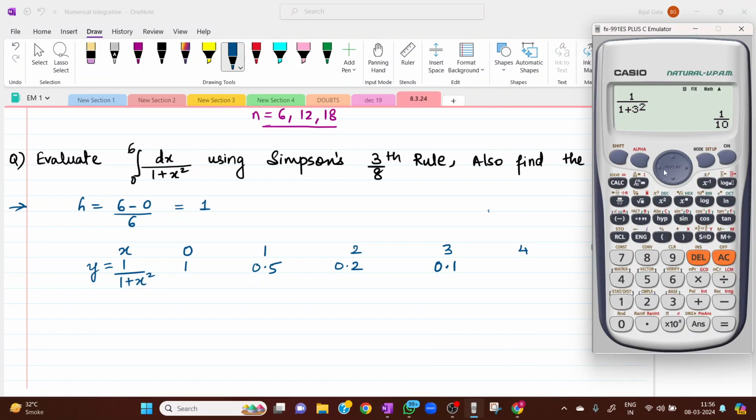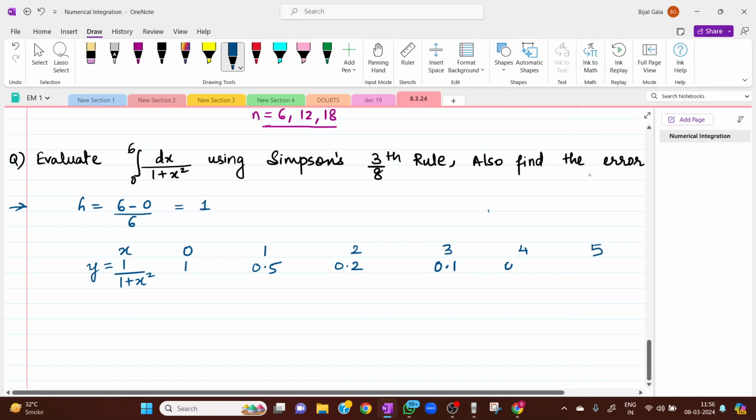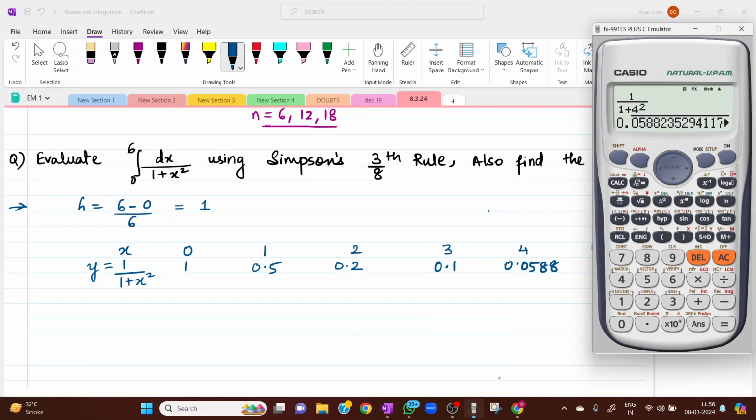The next is replace 3 by 4. So that's going to be 1 upon 17, which is, okay, we'll take the first 4 decimals, 0.0589, no, 88. Okay, 0.0588. Next, we'll replace it by 5. 0.038.